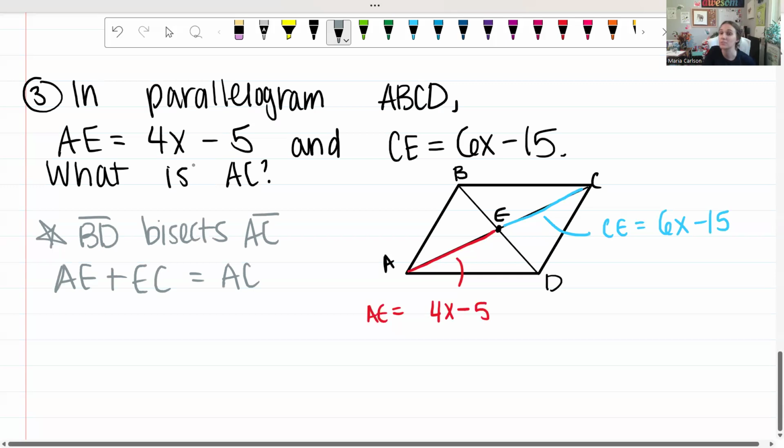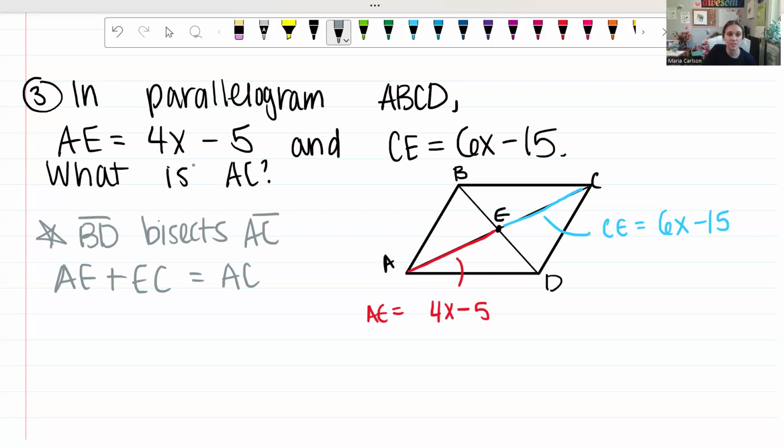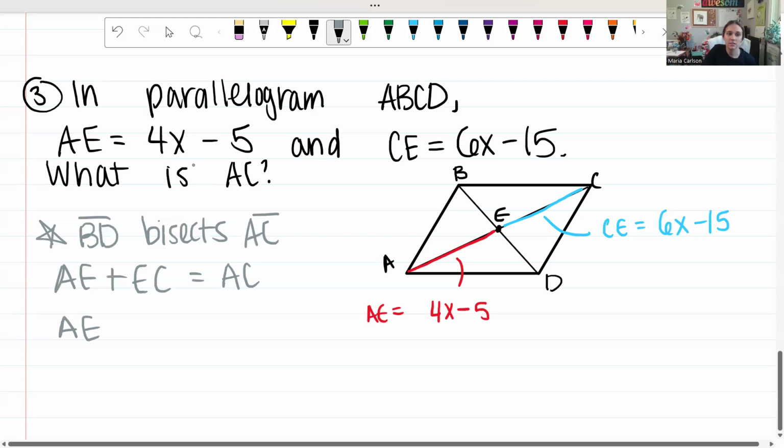And also these two halves are congruent because this is a bisector. It cuts them into two congruent halves. So AE is congruent to EC, and that means their measures are the same. So AE equals EC or CE.